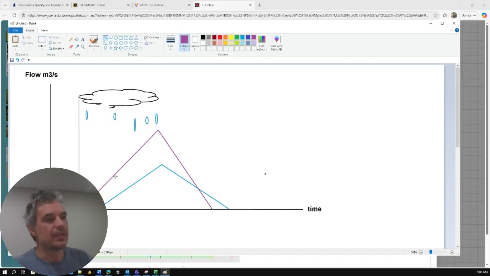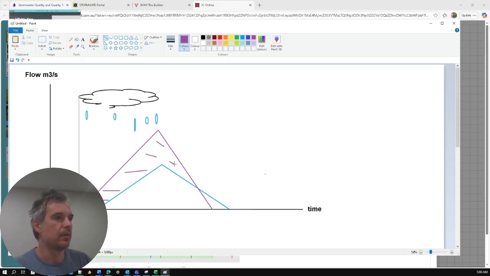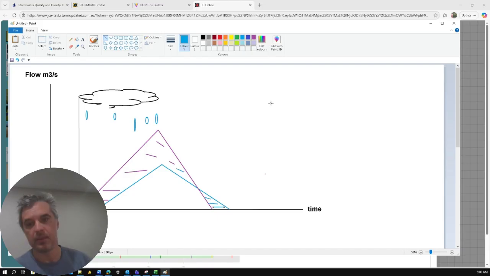So this area under the curve, obviously this area here, minus this other area here, that would be how much water is sucked up by the ground, right?